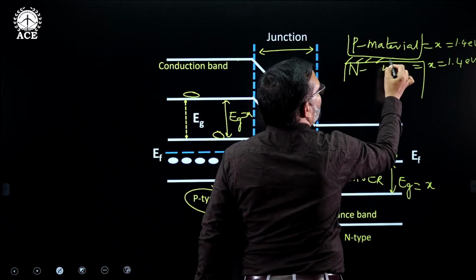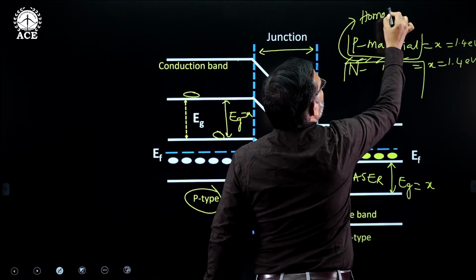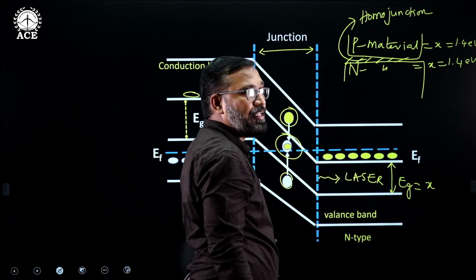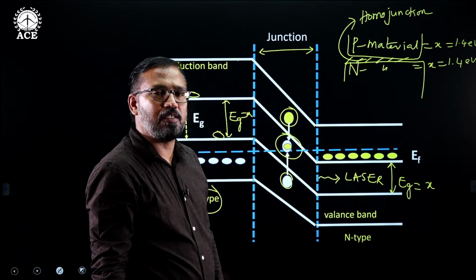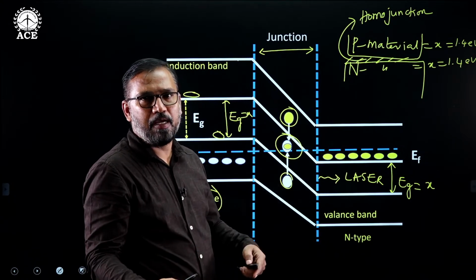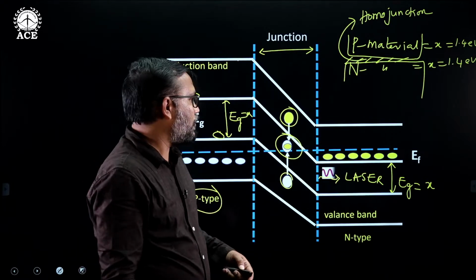The junction formed like this is called a homojunction. So materials with the same band gap used for the construction of a junction is called a homojunction. Or the same material is used for P-type and N-type and forms a junction, which is also called a homojunction.